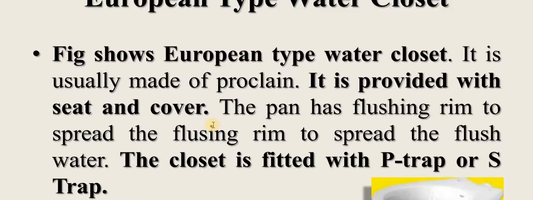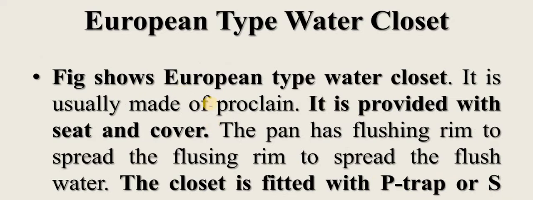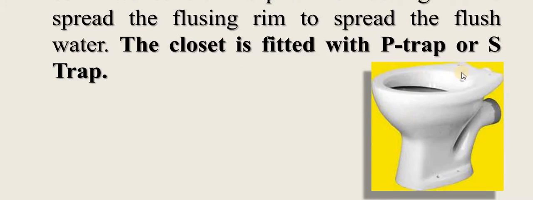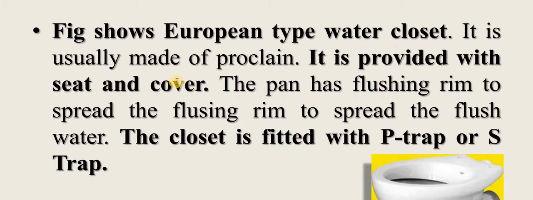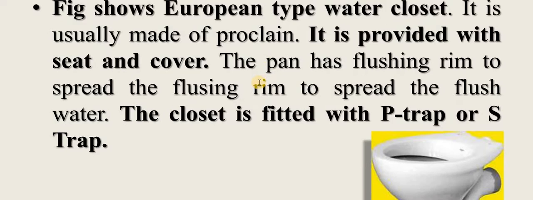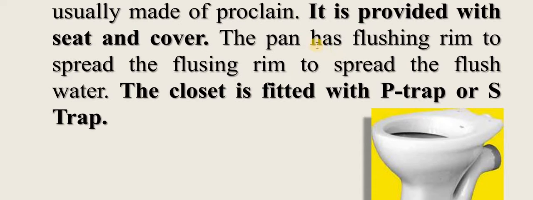Moving ahead with the European type water closet. It is usually made of porcelain, and it is provided with a seat and cover. The pan has a flushing rim to spread the flushing water, and the closet is fitted with a P trap or S trap.